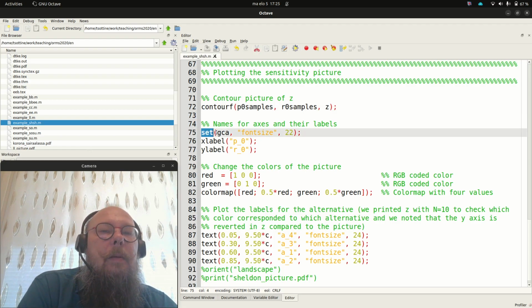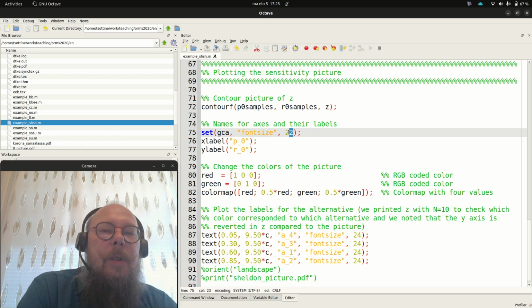So this kind of strange looking construct, look at the axis. GCA means get current axis. So we are looking at the current axis of a picture. So the current picture is this. And then I have a variable font size, and I put it at 22. So the x-axis and y-axis labels will now have a bigger font.